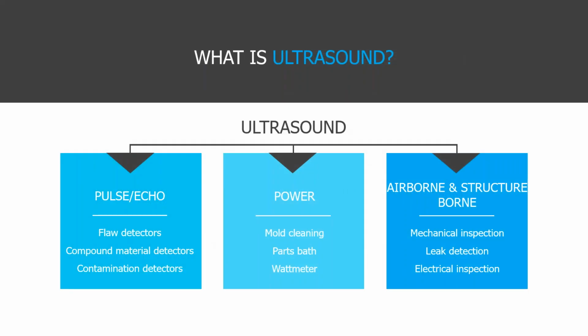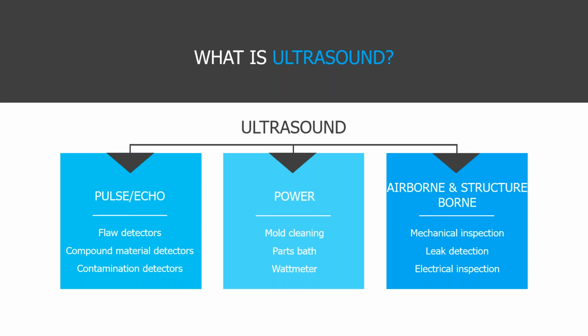Now, if we think about ultrasound, ultrasound is a broad term for the technology, but there are three separate divisions of ultrasound. If you're not familiar with the technology, here are the three forms of ultrasound. At UE Systems, we deal in airborne and structure-borne.